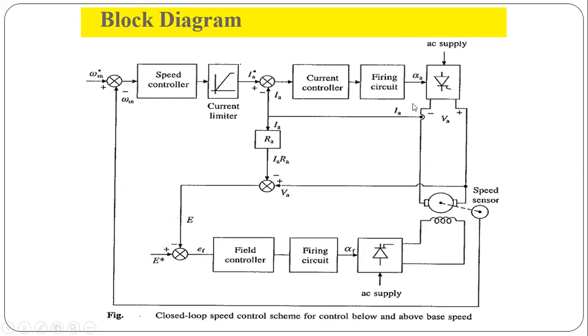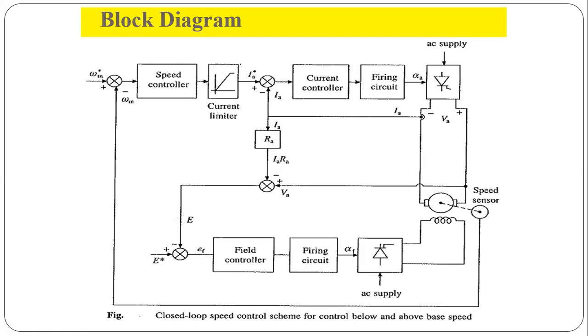There is a separate field control rectifier for controlling the field. We are using the speed controller, current limiter, current controller and firing circuits. The function of the firing circuit is to control the firing angle.